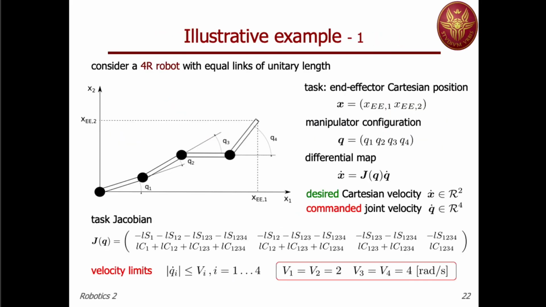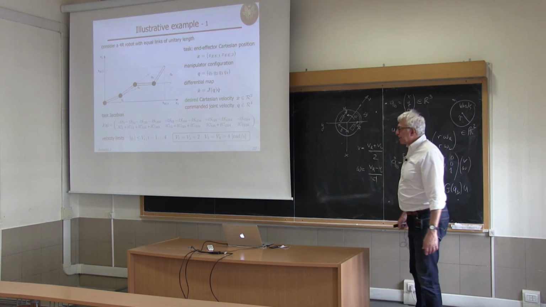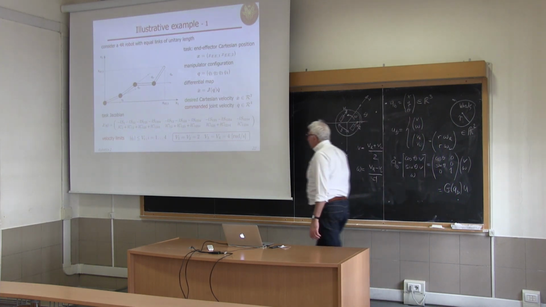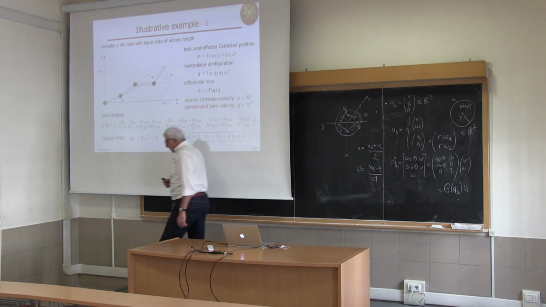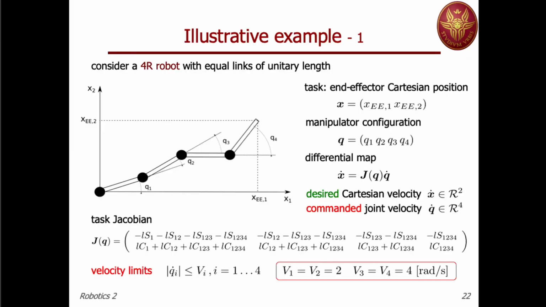Okay, so let's see one numerical case in order to understand why this is good and why this is in particular better than just scaling the task if we realize that the velocity that we are generating are too large at the joint level. We just scale the task without caring of saturation or not. Okay, so let's consider a planar 4R arm, and the task is assigned for the end effector position.